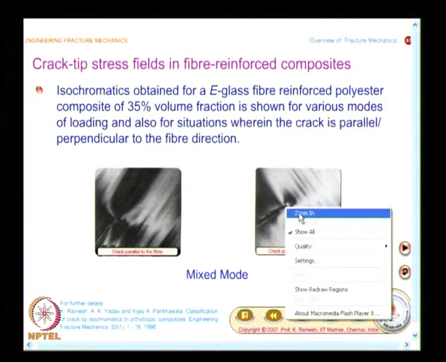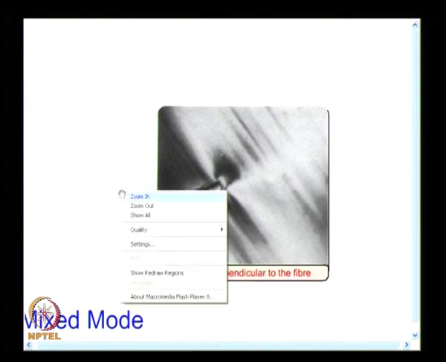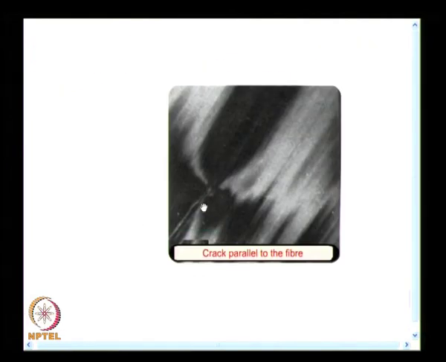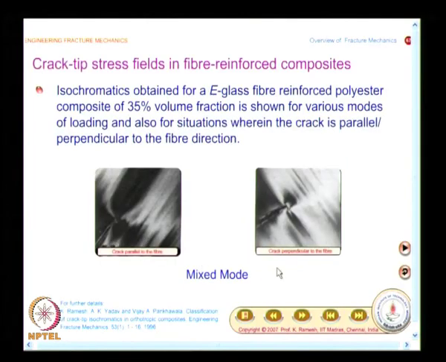You could see when the crack is perpendicular to the fiber, the fringes are pulled along the crack axis, and this is when the crack is parallel to the fiber.